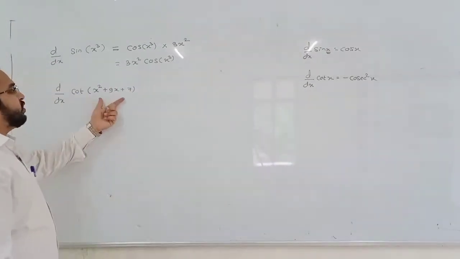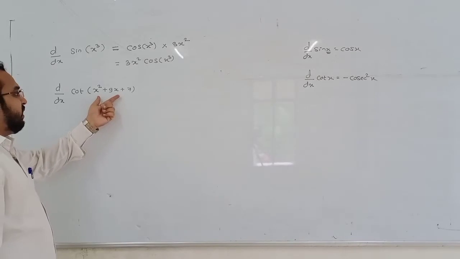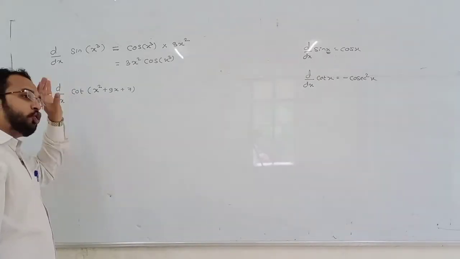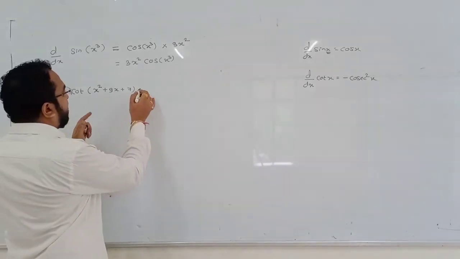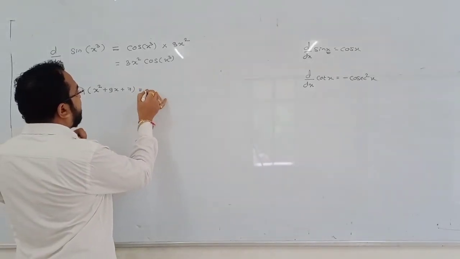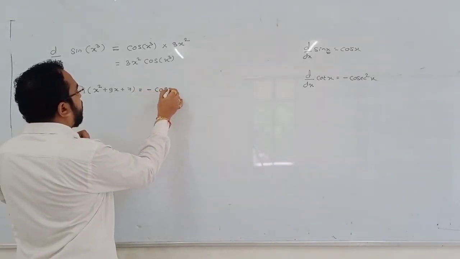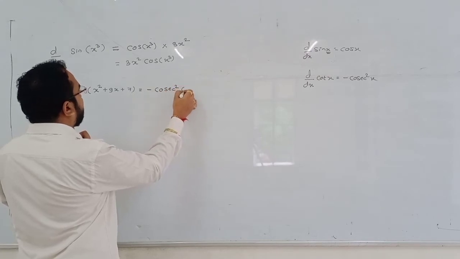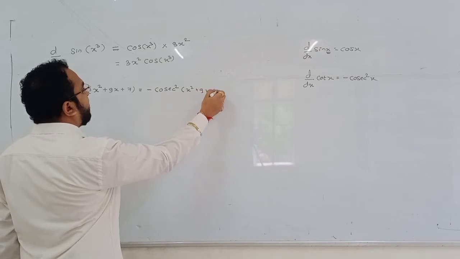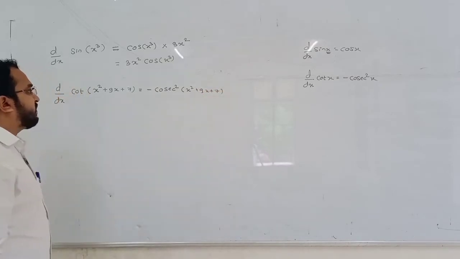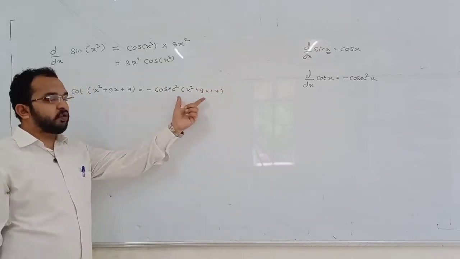Now this something is not x. So assume it as x and differentiate first. So the differentiation of cot something is minus cosec square something, where something is x square plus 9x plus 7.